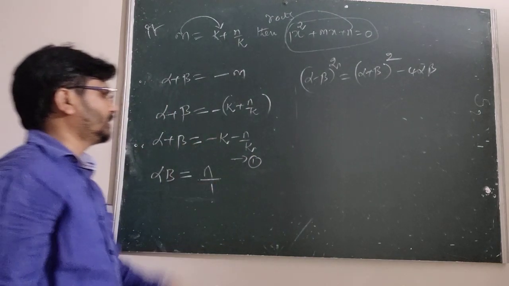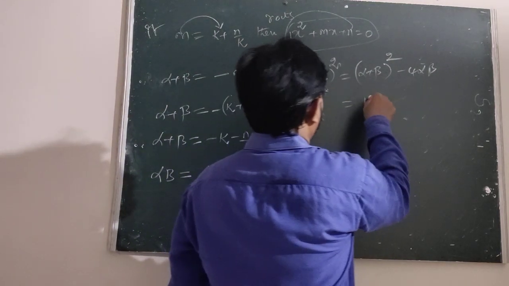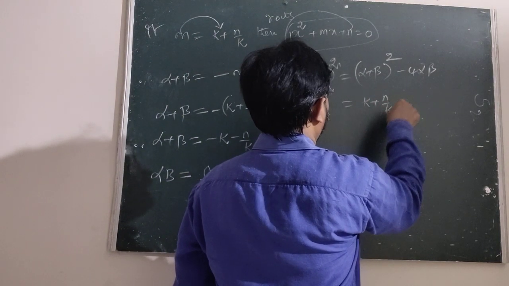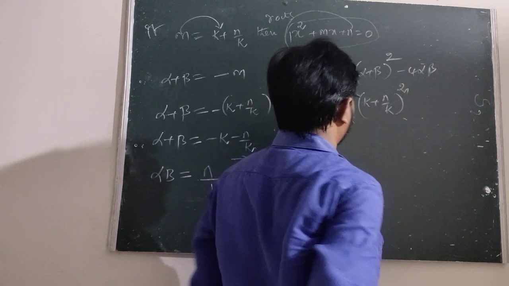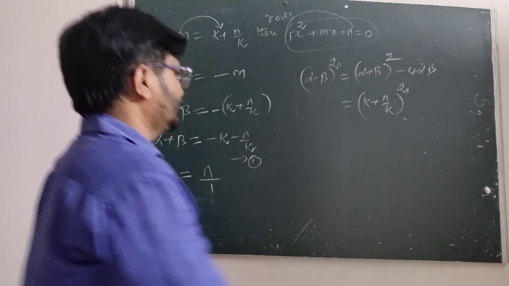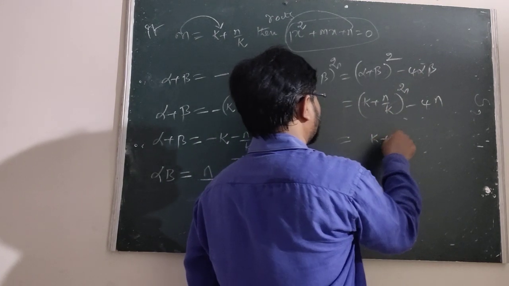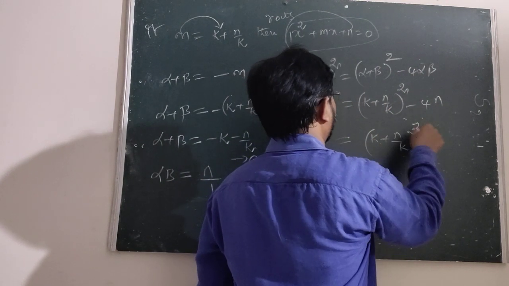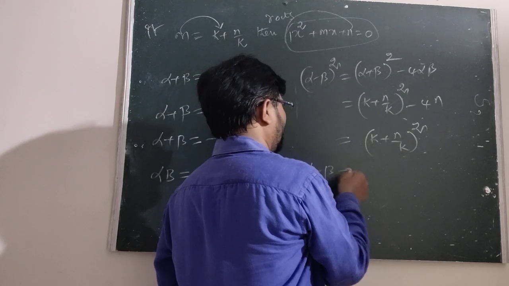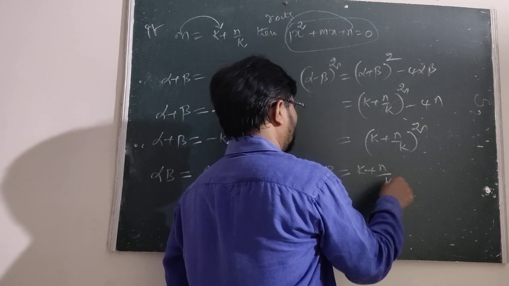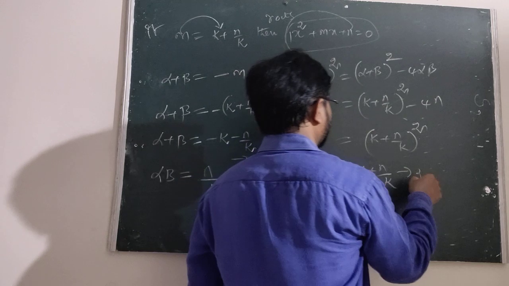Alpha plus beta whole square is k plus n by k whole square, minus 4n. Now this can be written as k minus n by k whole square. Alpha minus beta is k minus n by k. Now this one is equation 2.